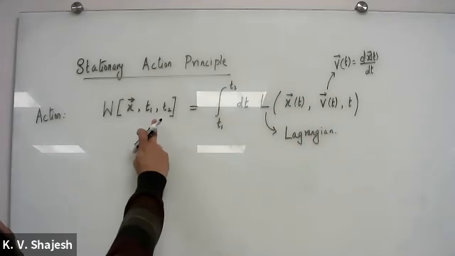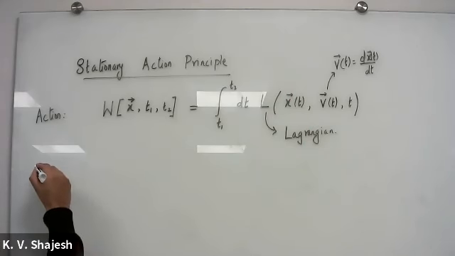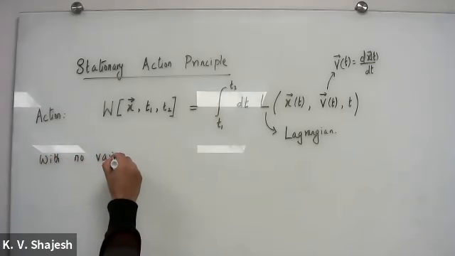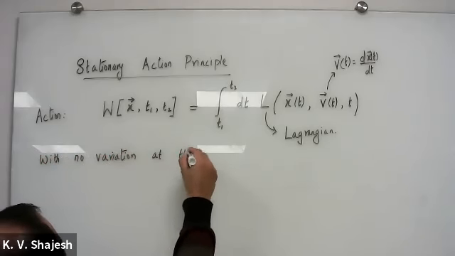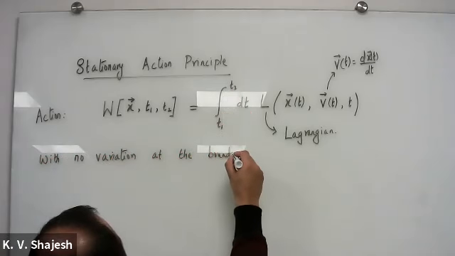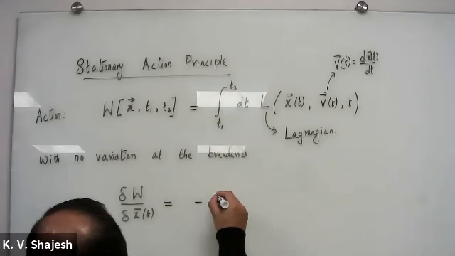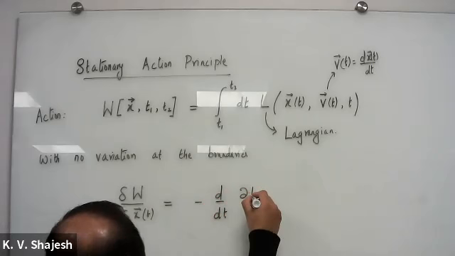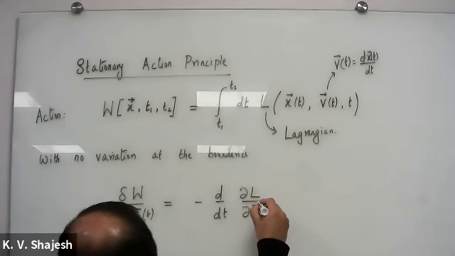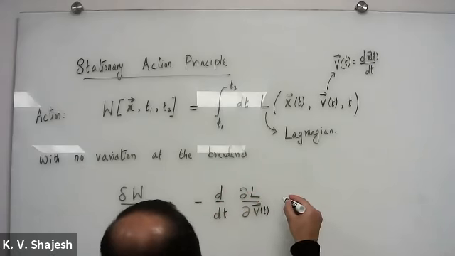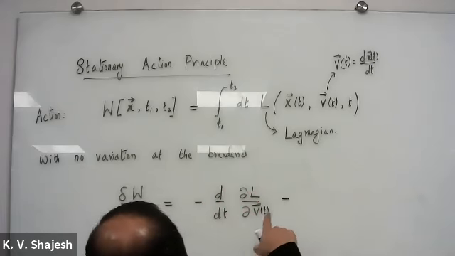And if we were not to make a variation in time, so let's say with no variation at the boundaries, the boundary means T1 and T2, we have shown that this comes out to be minus the time derivative of the partial derivative of the Lagrangian with respect to velocity, plus the partial derivative of the Lagrangian with respect to position.